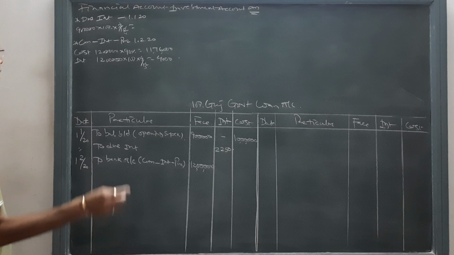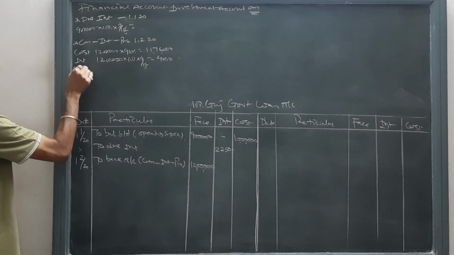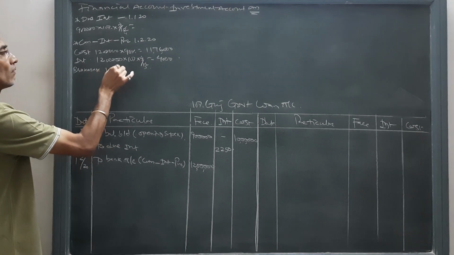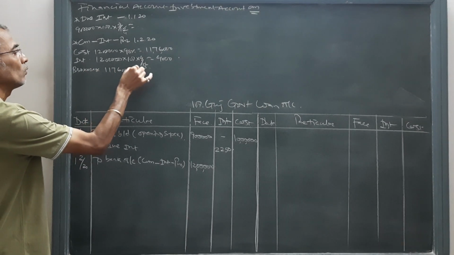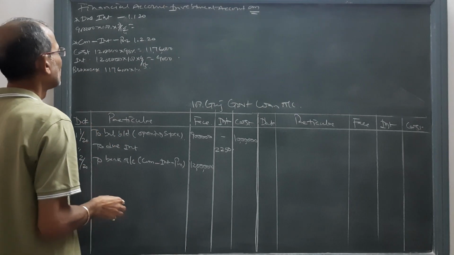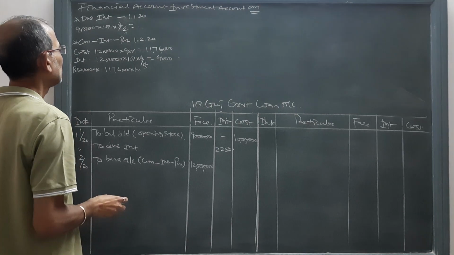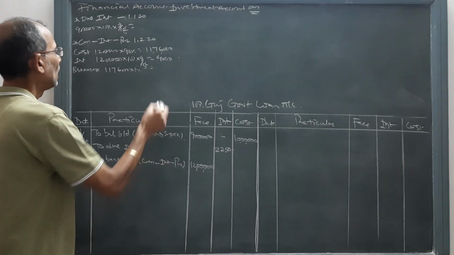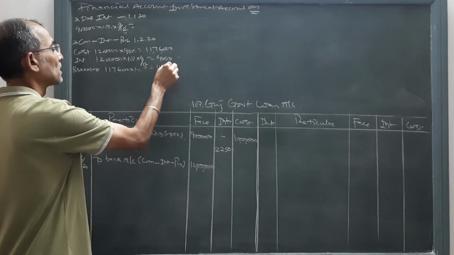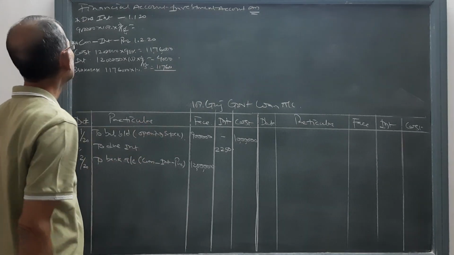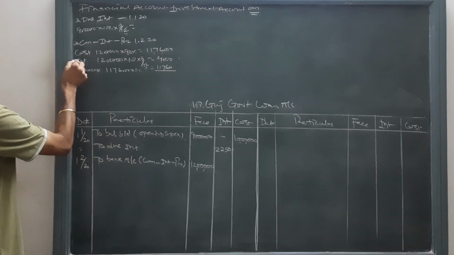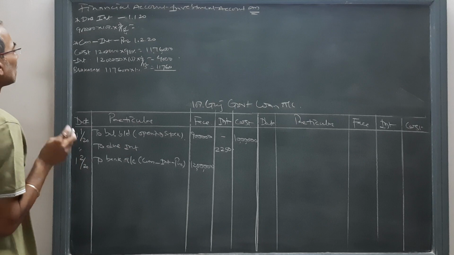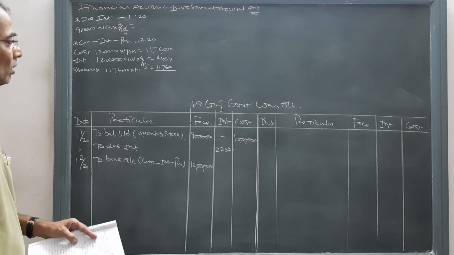Then brokerage: 11 lakh 76,000 into 1% will be 11,760. Now interest will be subtracted and brokerage will be added.